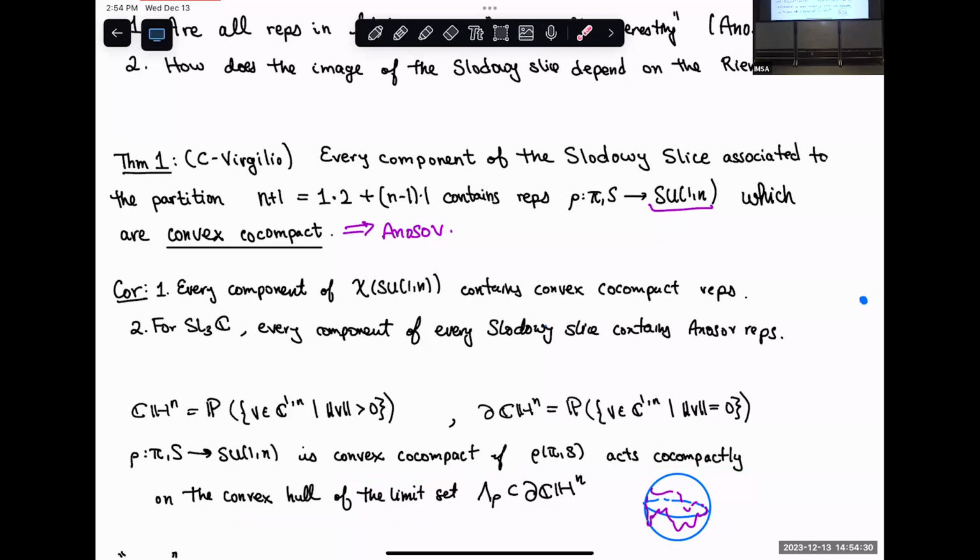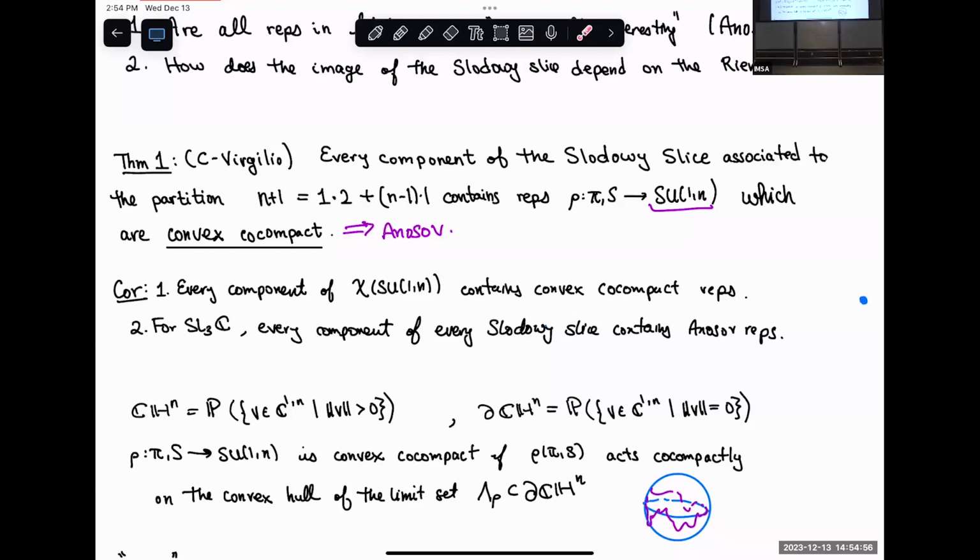Now, if I know my representation is convex cocompact, I know from what we heard earlier in the week that the representation acts properly discontinuously, one, on all of complex hyperbolic space, and also on the complement of the limit set in the boundary.